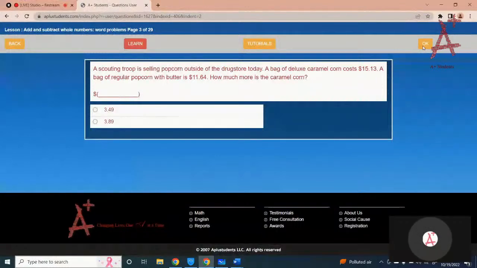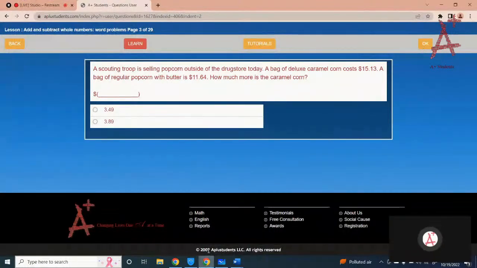Okay, our scouting troop is selling popcorn outside of a drug store today. A bag of deluxe caramel corn costs 15.13, and a bag of regular popcorn with butter is 11.64. How much more is the caramel corn? So the caramel corn is 15.13.